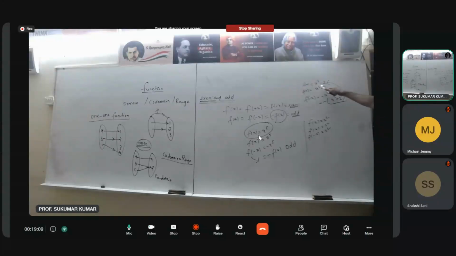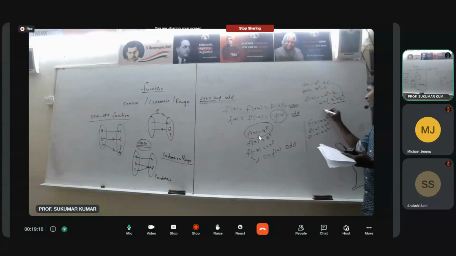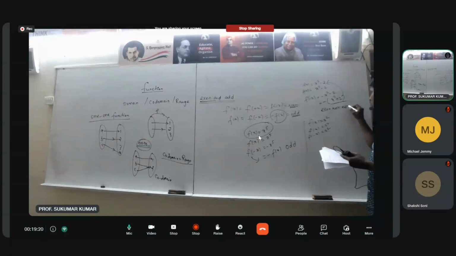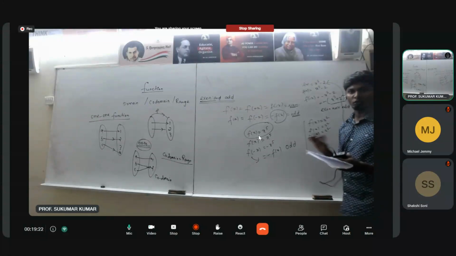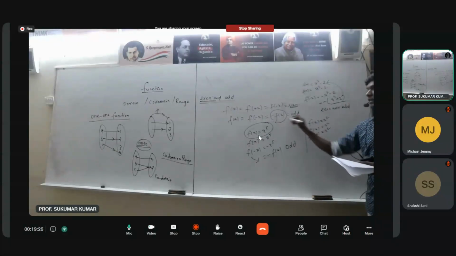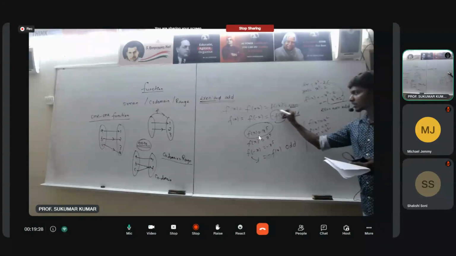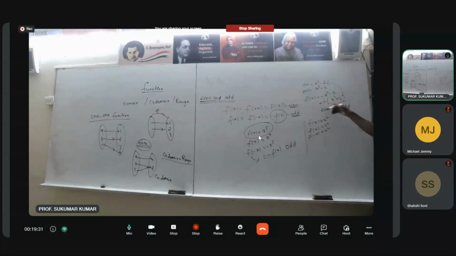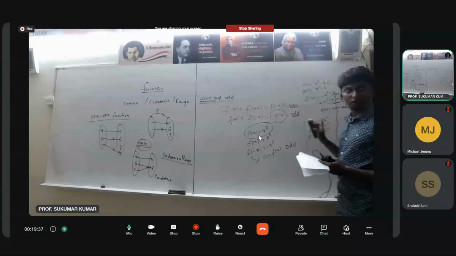Your function is x cube minus 2 only, not plus 2. So this is neither even nor odd. Got it? Because even needs its own condition, and odd means the minus value of the whole f of x must come. Even if we are getting a minus, we are not getting the proper f of x. So this function is neither even nor odd. Got it now? What is even or odd?